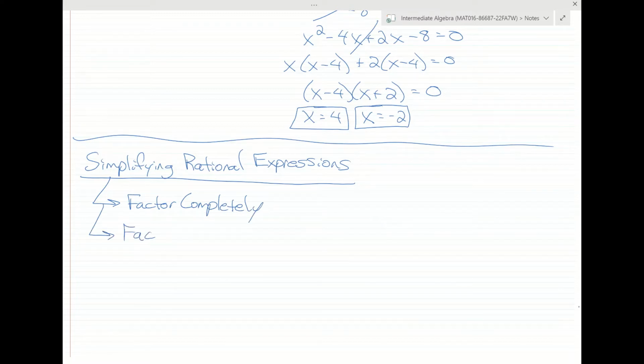Factor out a -1 and rearrange if subtracting.